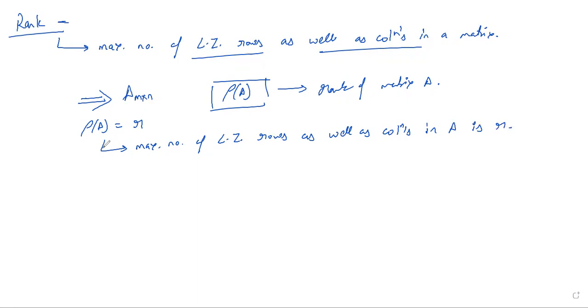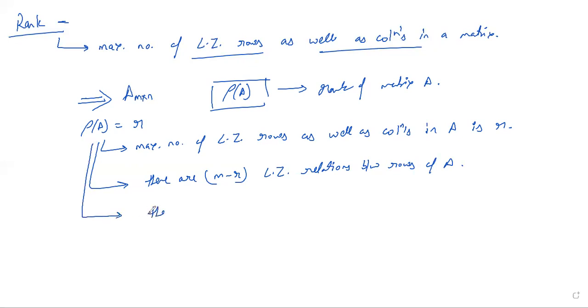And the other thing is that there are m minus r linearly independent relations between rows of A, and you can also say that there are n minus r linearly independent relations between columns of A.